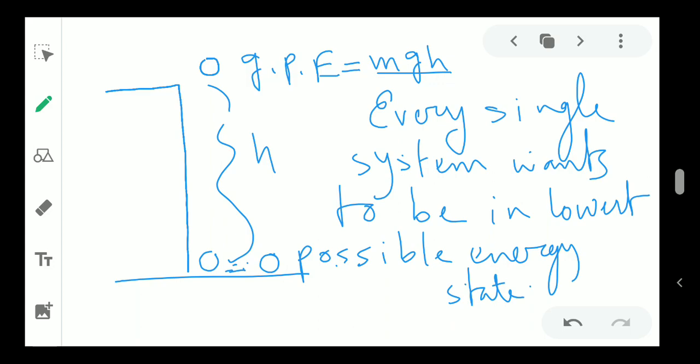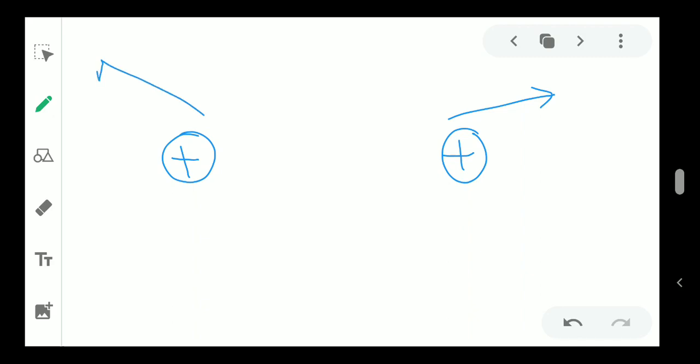If you talk about positive charges, you know that the same charges always repel. So if you bring two same charges together, you have to do some work, right? In that case also potential energy will be stored. Like if you have this plus charge and this plus charge, because of their nature they want to go apart from each other.